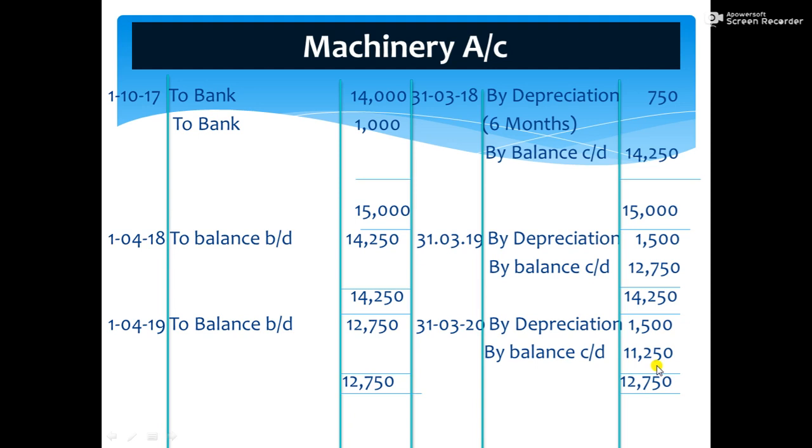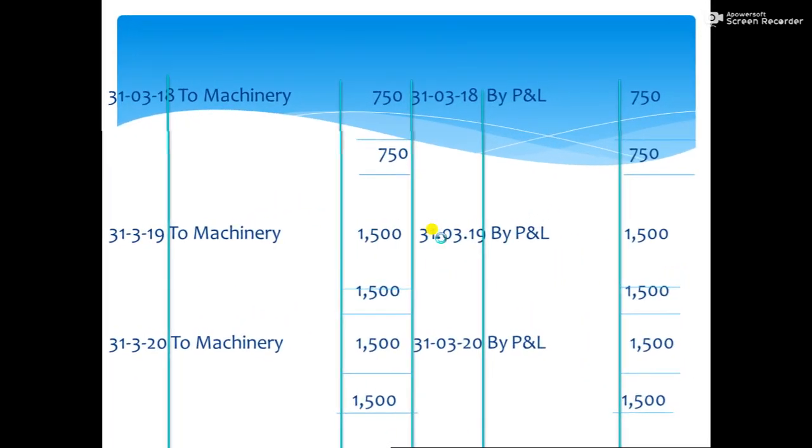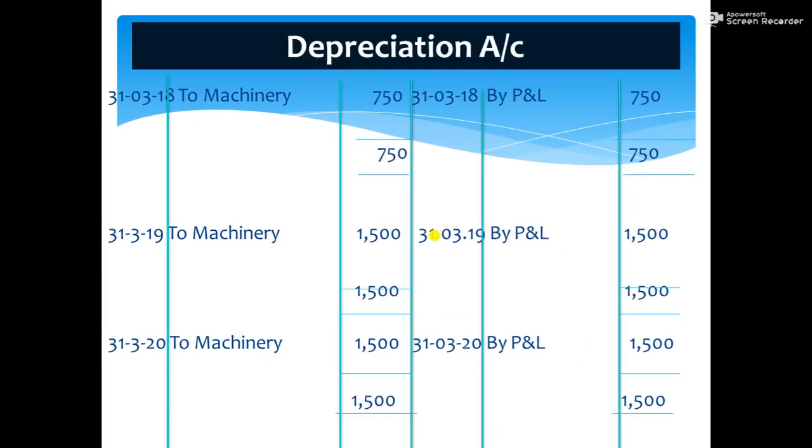You will see how the depreciation account appears. 31st March 2018, first year depreciation to machinery 750. Depreciation is a nominal account, and therefore that should be charged to profit and loss account, transferred to profit and loss account by P&L 750.